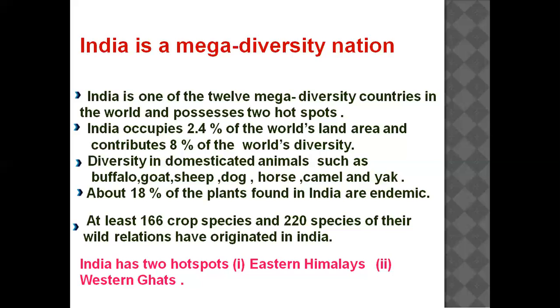Wild relation means we have made hybrid species also by allowing breeding between two plant species, forming hybrid populations of crops. That is how India is a mega diversity region. As I said, India has two biodiversity hotspots: the Eastern Himalayas and the Western Ghats.